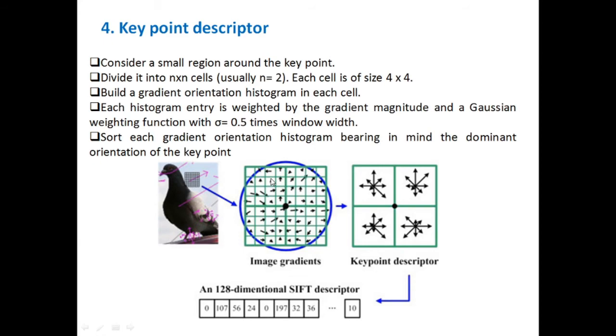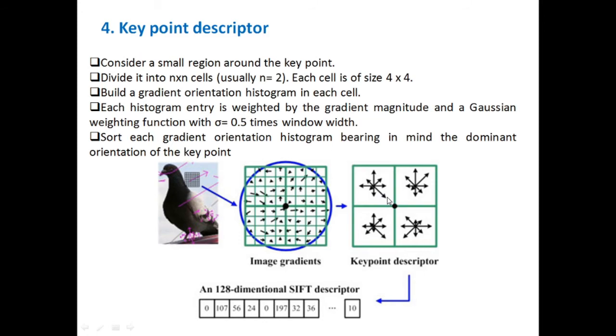So this is my descriptor for this cell, because it is a 2 cross 2 cell. For this cell that is accommodating 16 boxes, this is my descriptor, and for this cell this is the descriptor, and for this cell this is the descriptor.